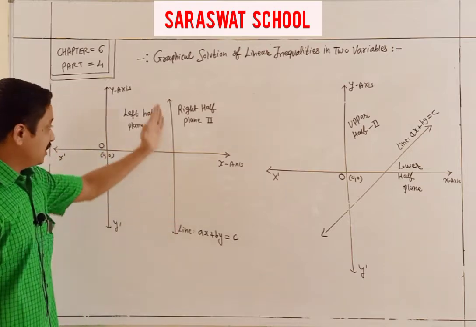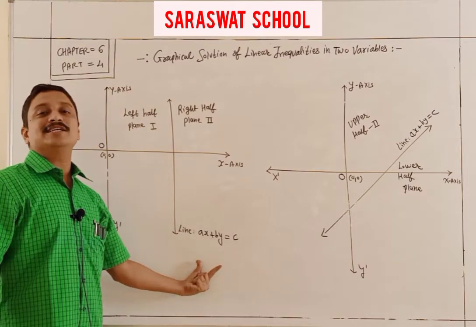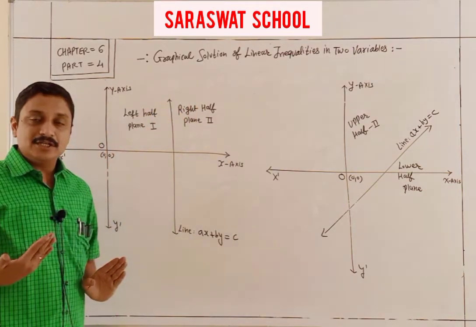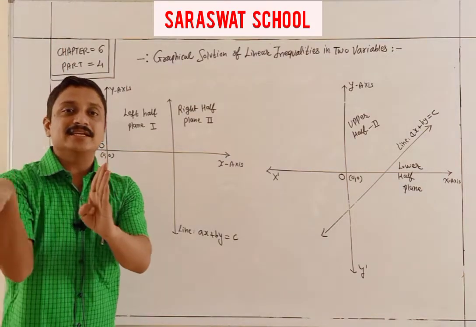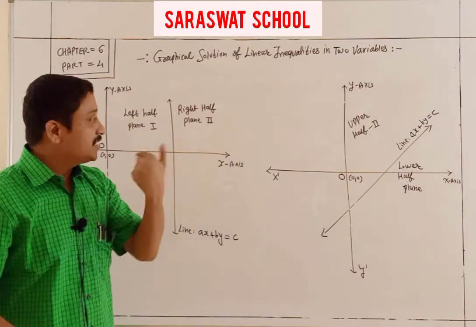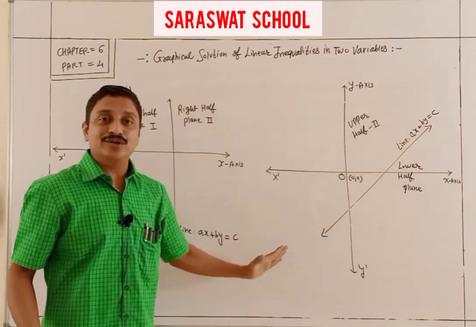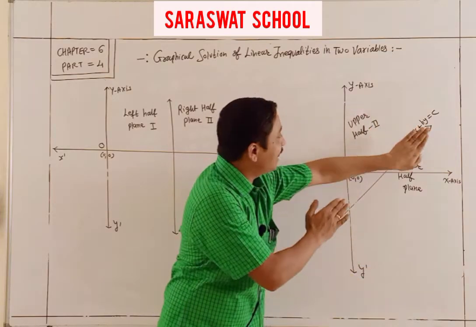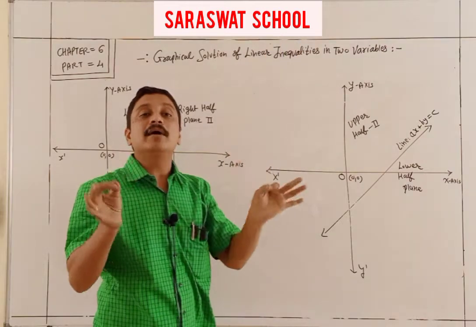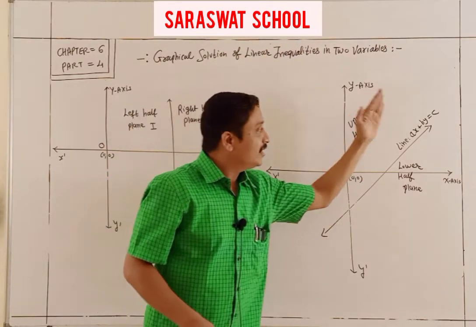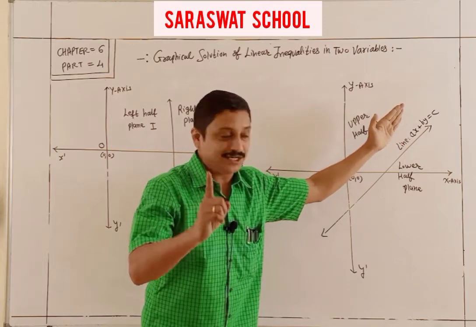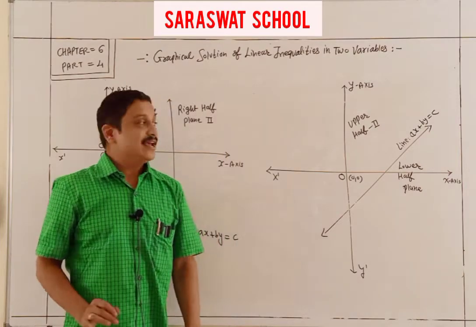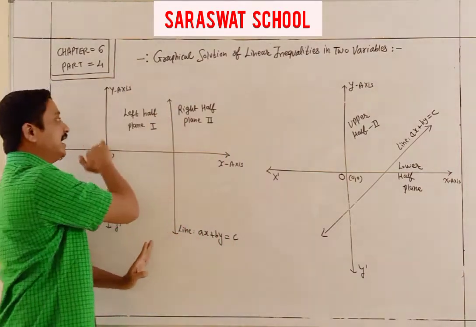If you are given a vertical line ax plus by is equal to c, there are two portions, the left-hand part and the right-hand part. If the line is neither vertical nor horizontal, then you have the lower half plane and the upper half plane. Again, to repeat, if the line is neither vertical nor horizontal, the shading is either the lower half plane or the upper half plane. And if it is vertical, then the shading is either the right-hand side or the left-hand part.